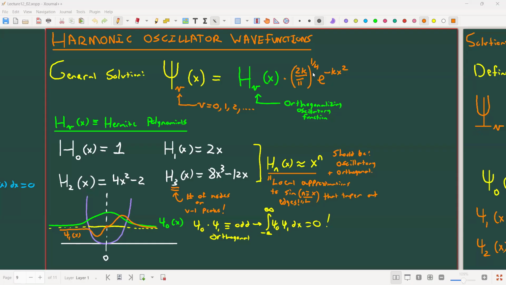So within the turning points of the spring, this thing oscillates like a wave. And then outside of the potential, it looks like a bell curve. It decays exponentially. So we showed that we had to have that orthogonalizing function, and that gave us all the properties we needed. It satisfies the Schrodinger equation. It's normalizable, and it's orthogonal.